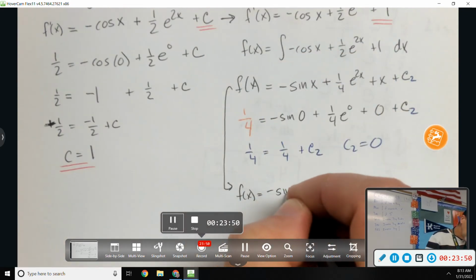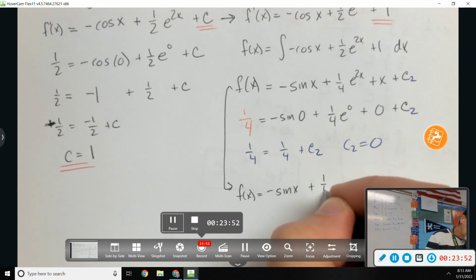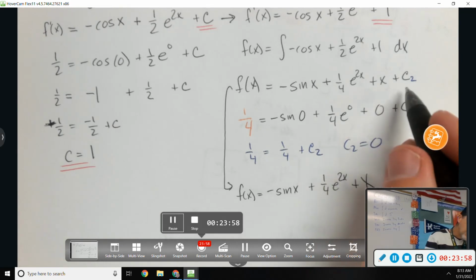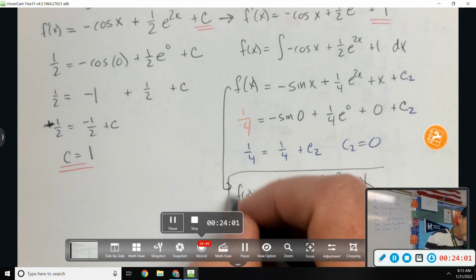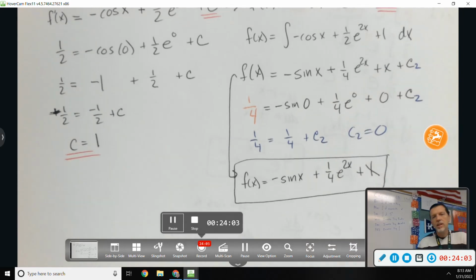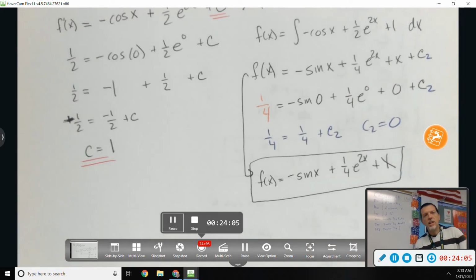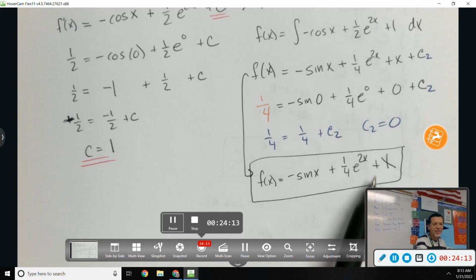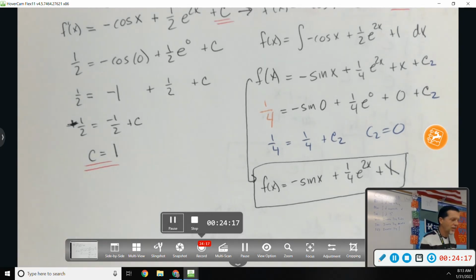Negative sine of x plus 1/4 e to the 2x plus x plus 0. Alright, we've done that kind of problem on each of the last two tests, so you're going to continue to see that. We just make it different by putting in different pieces to start with.